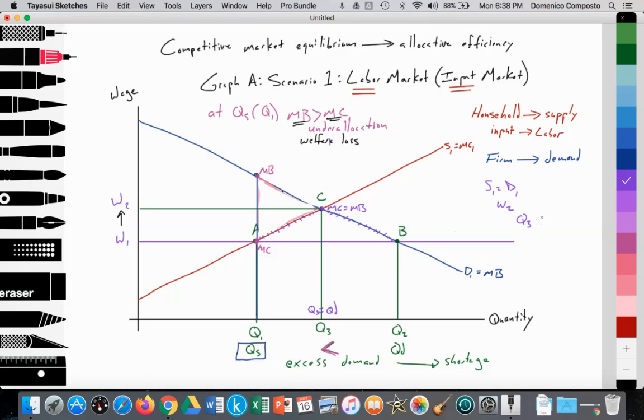We will remember that at Q3, quantity supplied is equal to the quantity demanded, and also at Q3, the marginal cost is equal to the marginal benefit, which is allocatively efficient.